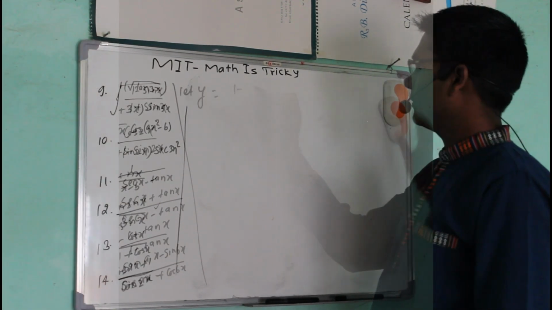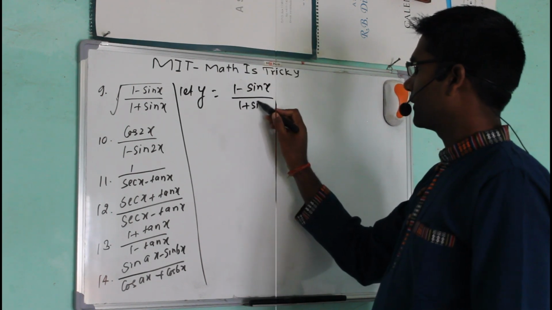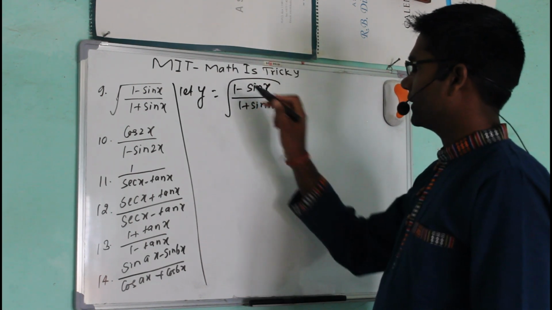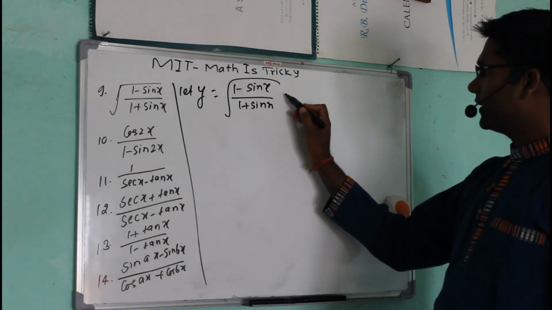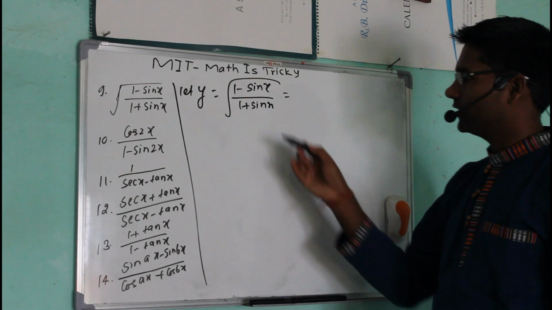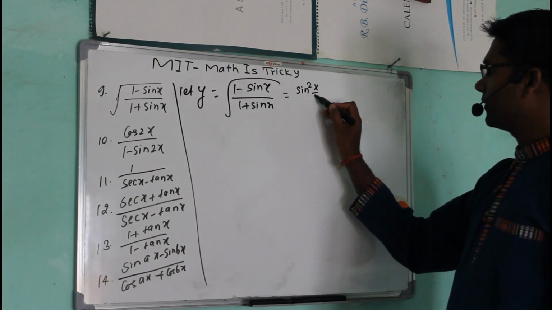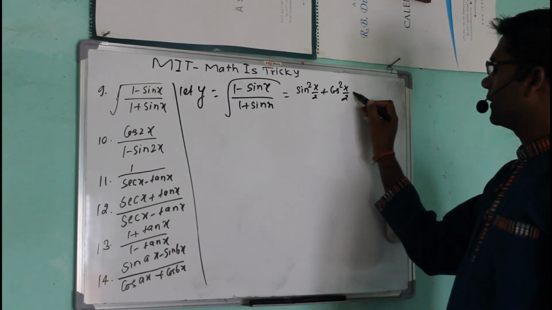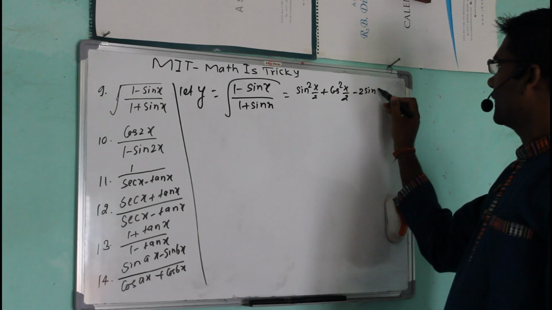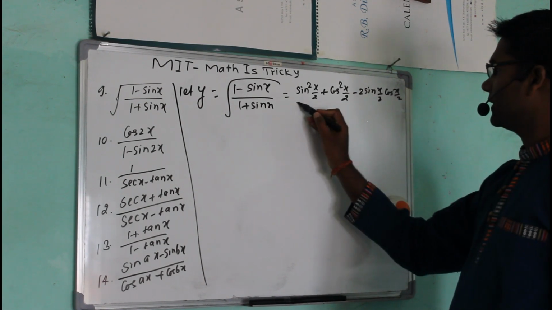Let me solve another: y equals square root of (1 minus sine x) by (1 plus sine x), inside the root. So what can be done here? For this we can write like this. For 1, write here sine square x by 2 plus cos square x by 2, minus 2 sine x by 2 cos x by 2, in the numerator.